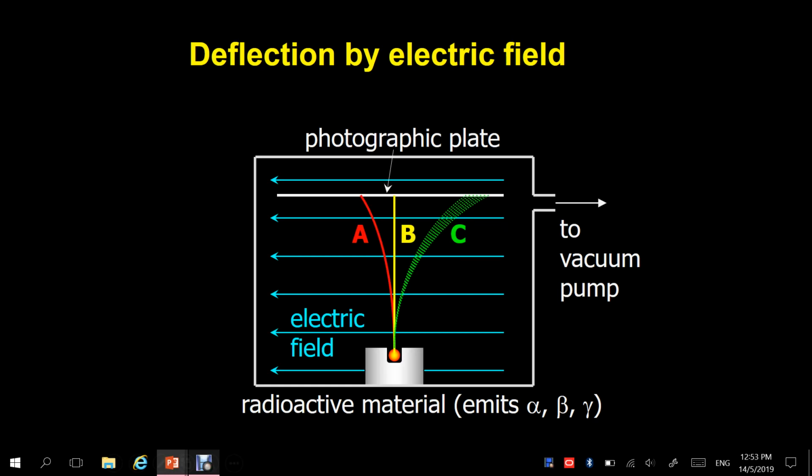B, neutral. This must be your gamma. C, attracted to the positive plate. So this must be your electron, beta particle. Anyway, from the dispersion of the path, you know that this must be beta. That is the electric force that exerts on the alpha particle as well as your beta particle.